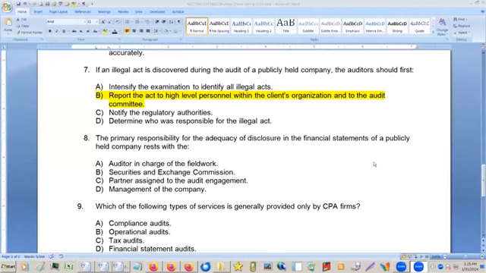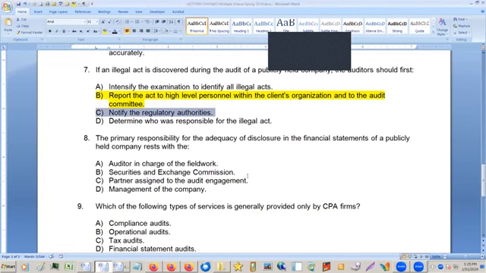The lone exception is if you're doing an audit that includes government grants, which require you to report any illegal activity if the government portion of the financial statement is included in the audit itself. But generally speaking, if it's not a specific program, you don't report.